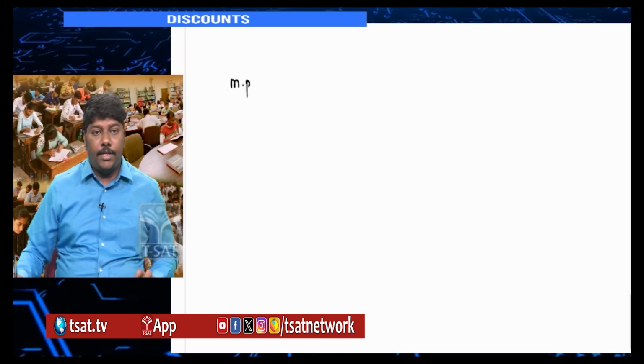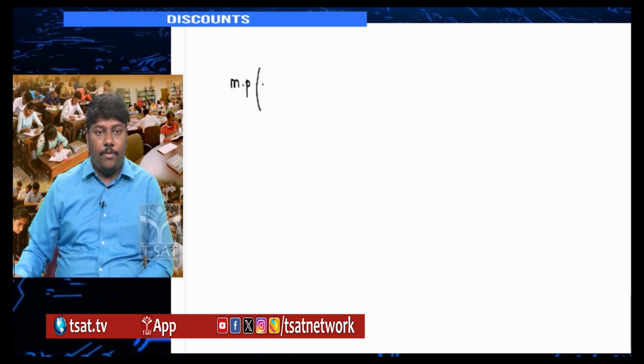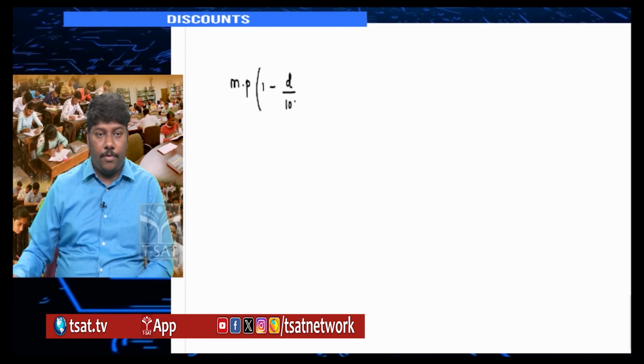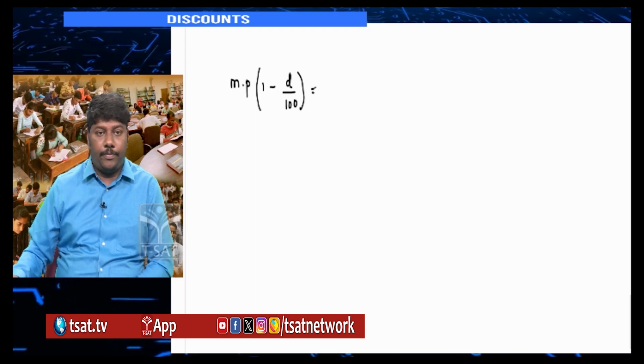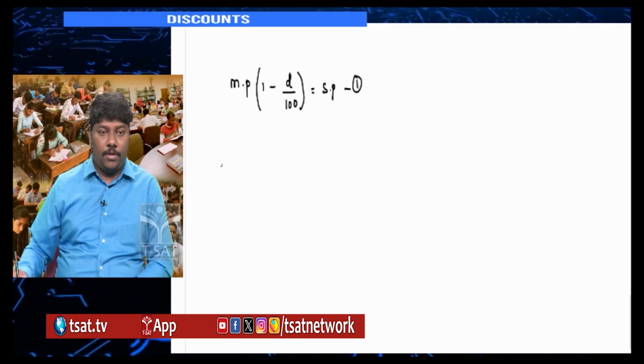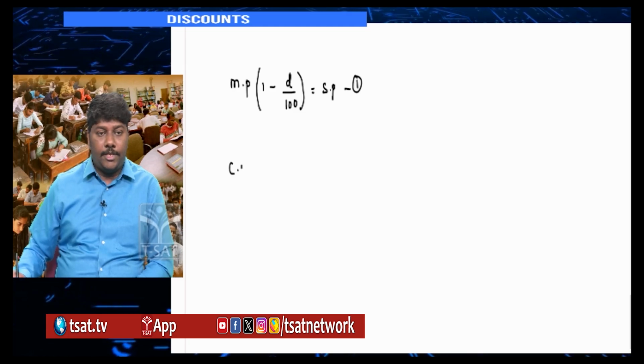Look at the relation between CP and MP once again, and MP and SP. MP, if you decrease it by D percentage, MP into 1 minus D by 100, is equal to SP. Equation number 1. Look at the relation between CP and SP.